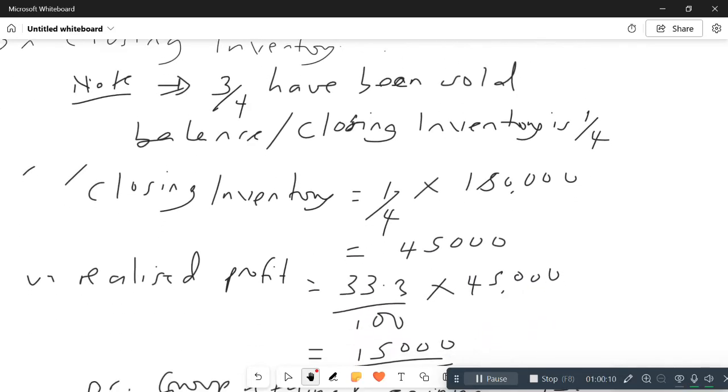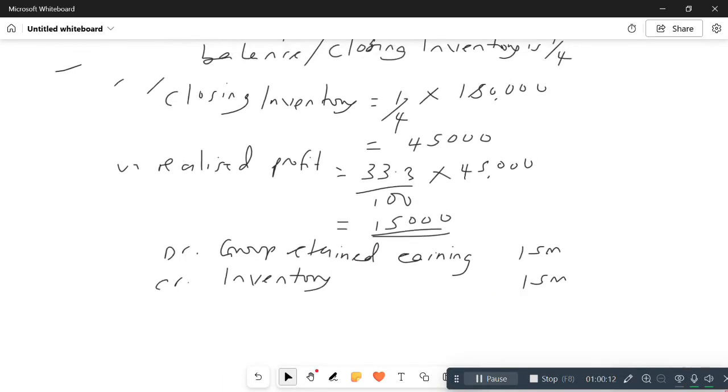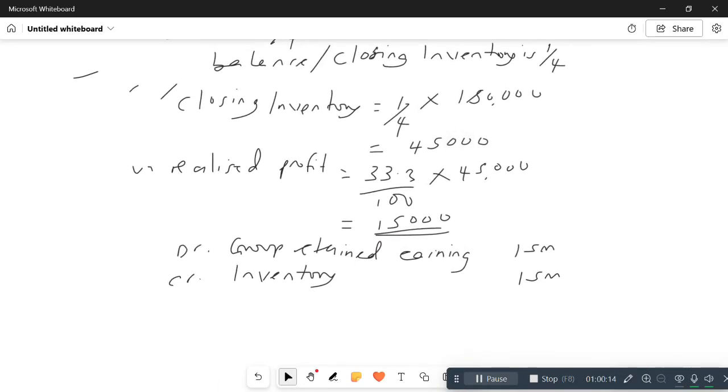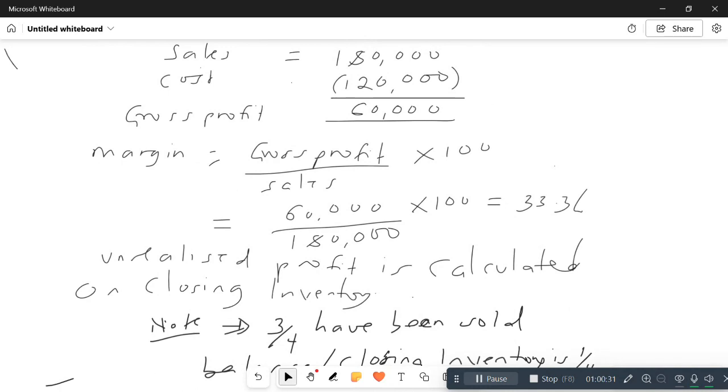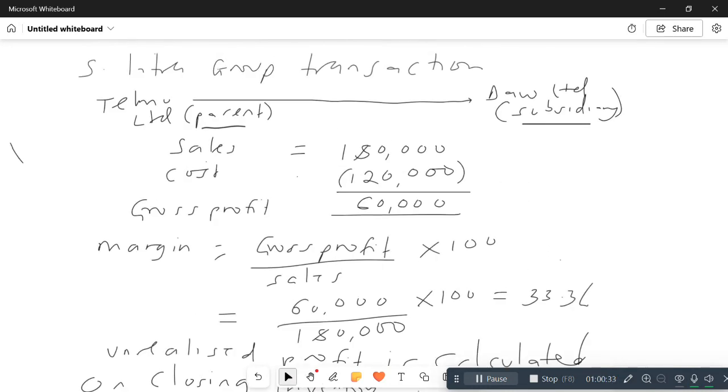After getting unrealized profit, we take this to our group retained earning as a negative by debiting group retained earning, and we credit our inventory as well. We are trying to make adjustments, so that by the time we consolidate, we don't overstate or understate our financials. Hope this step 5 for intra-group transaction is very clear.